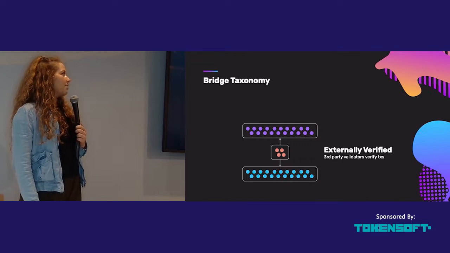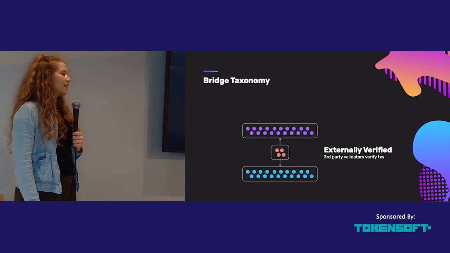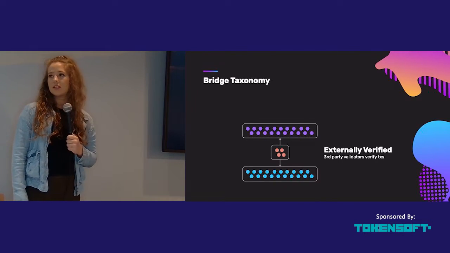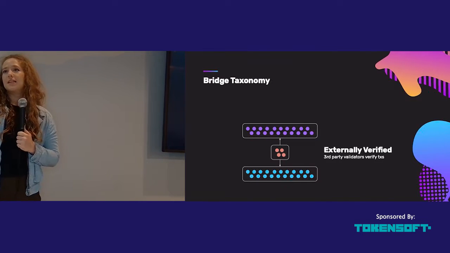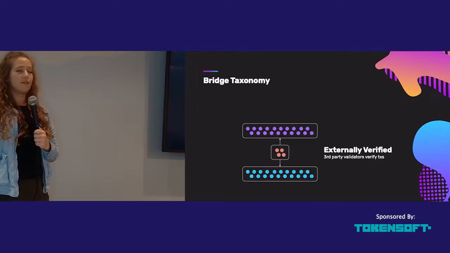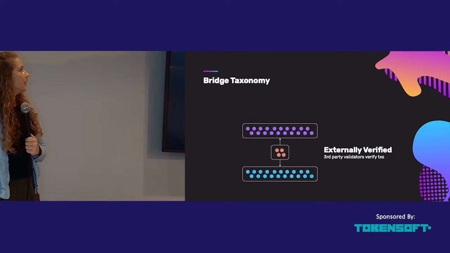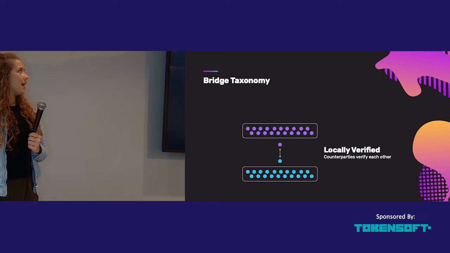Those are great because they're pretty quick to use. The downside is your security gets reduced to the security of the bridge instead of being much more secure like the previous natively verified bridges, but natively verified bridges are really difficult to build and have to be unique for each execution environment.